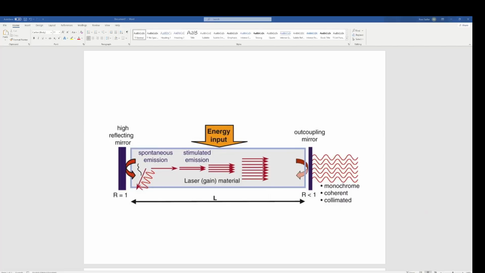This picture represents a typical laser source. Now, I know it looks a bit like a glass laser tube, but this image represents typically any mechanism that produces a laser output. On the left, you'll see there's something called R equals 1. Well, that's a reflecting mirror where the reflection is 100%. And on the right-hand side, we've got a mirror which is called R less than 1.